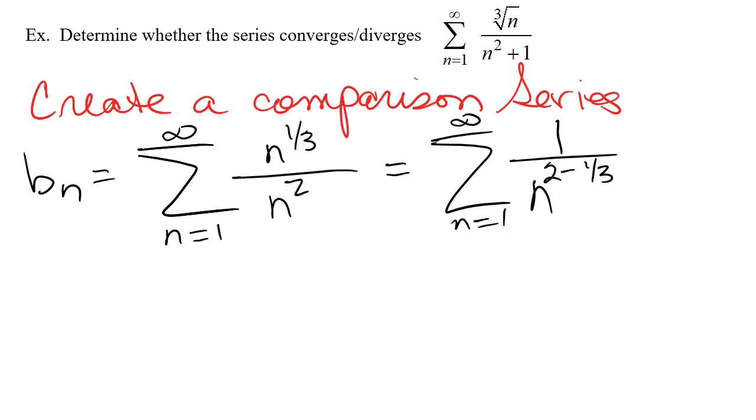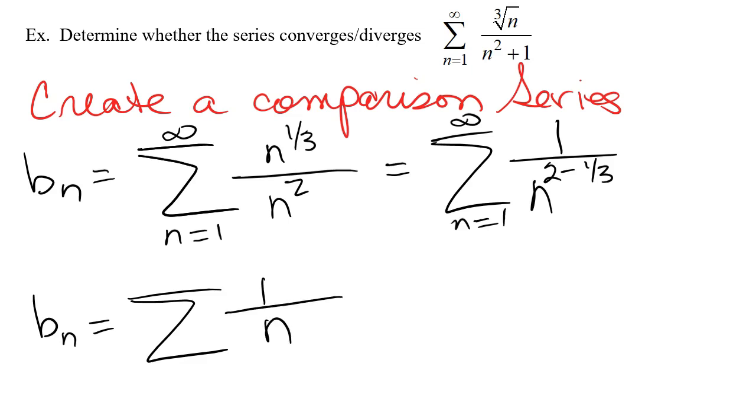Let's simplify this. N squared in terms of thirds is 6/3. So 6/3 minus 1/3 gives us 5/3 in the denominator.